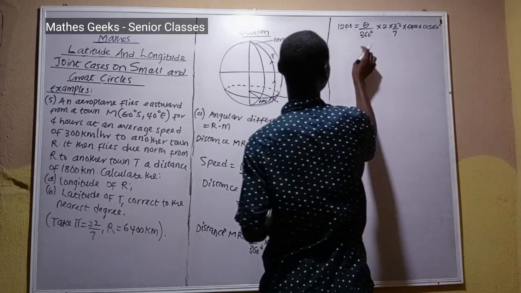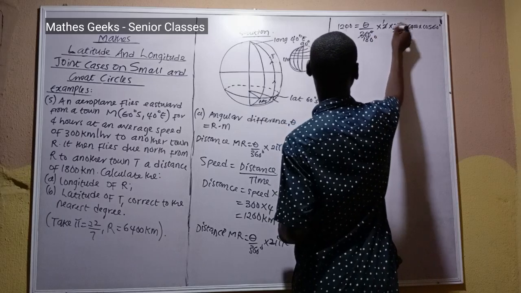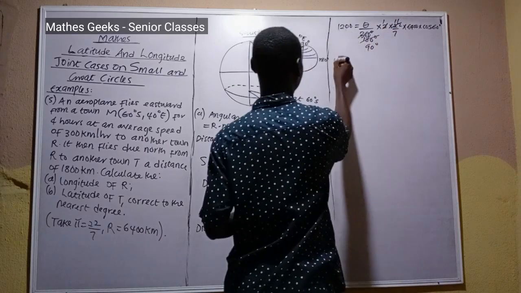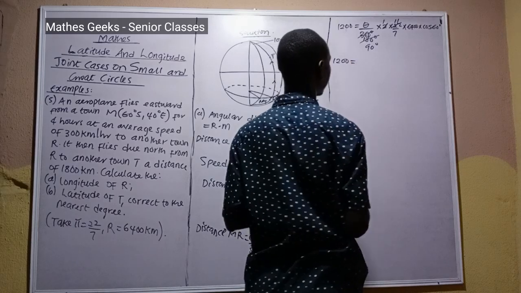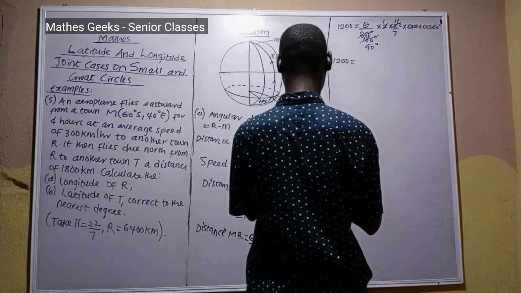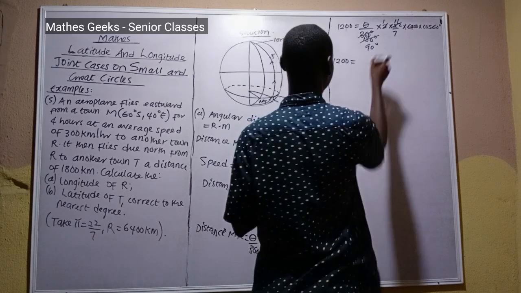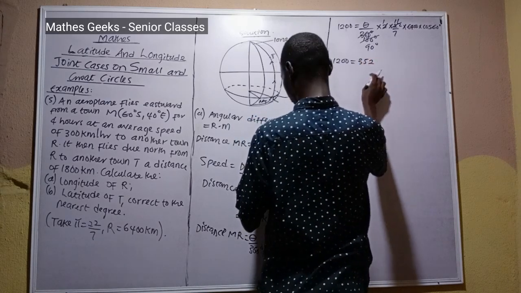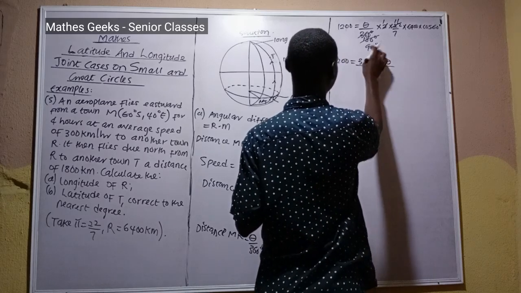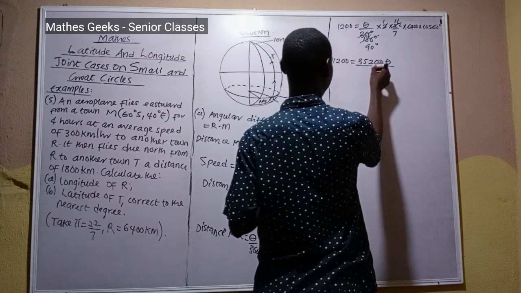Simplifying, 1,200 is equal to 6,400 times 11 times cos 60, giving 35,200 theta over 90 times 7, which is 630.